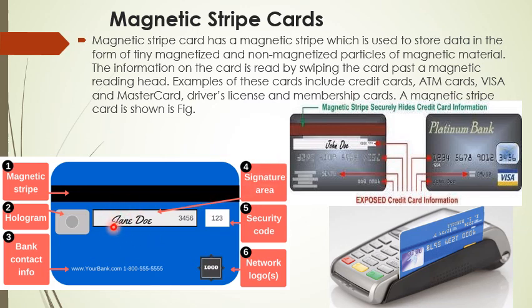Then the security code, the last 3-digit code. You will not share this with anybody. All the other numbers can be shared, but this one number should not be shared with anyone. And last, the company logo or card logo will be available over there.